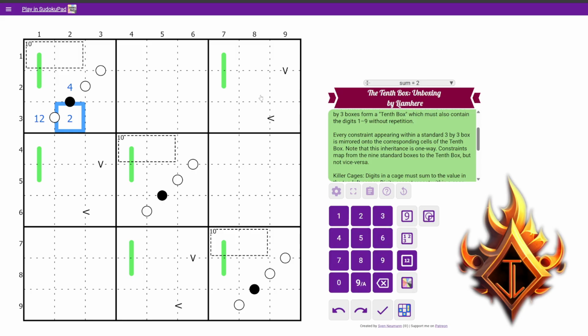Can have 2, 3, 6. 3, 2, 4. 3, 4. Couldn't go back down to 2. So we could have 8.